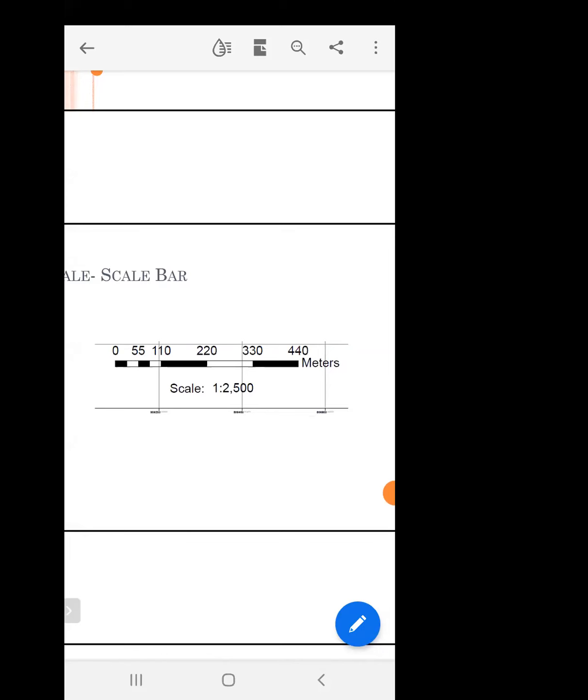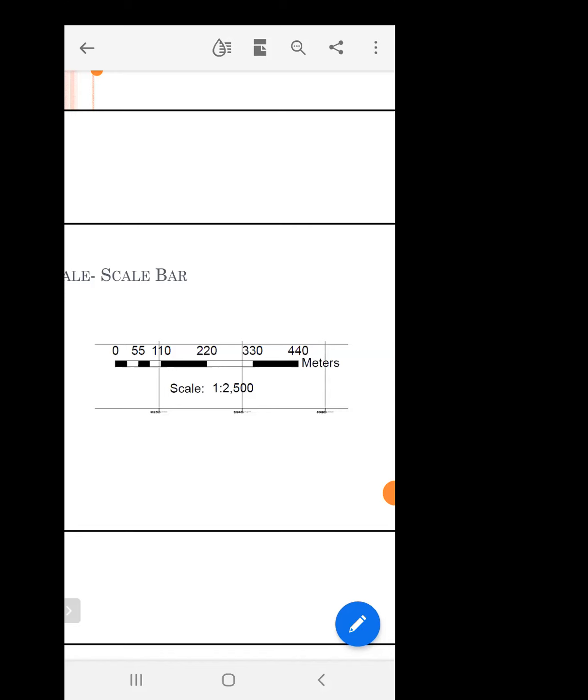If I move from here to here on this small space, on your screens right now, from the very beginning of the bar to the end is 440 meters, which is not true, right? But we are trying to say that for everything represented on that map, this bar gives you an idea of how the distances are on the ground.